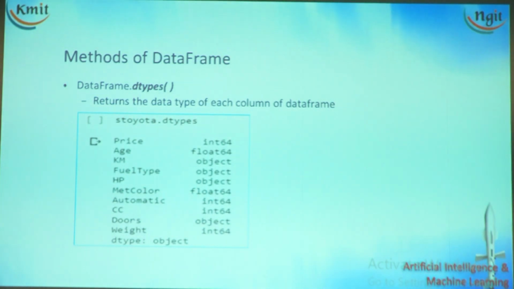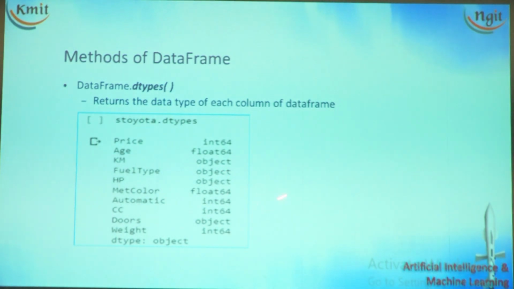So now what? Null values. Good. So even if you have null values, it will show you an object data type. So that's again a hint. Kilometers should be paid attention to. Understanding, guys? That's the reason dtypes will be very helpful to you while you are working with Pandas.